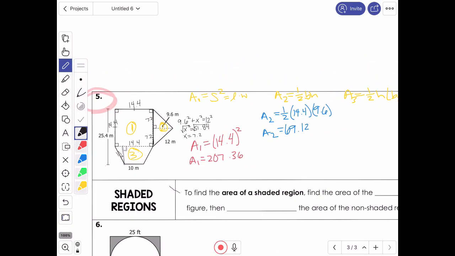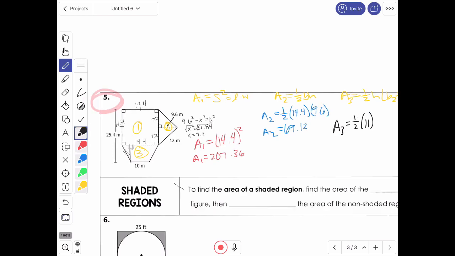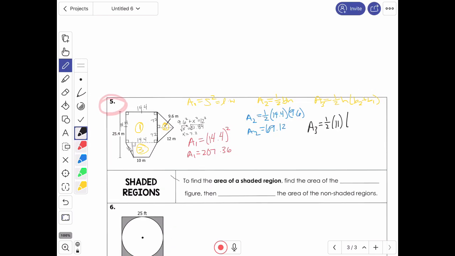So my area formula would be 1/2 times 11, and then my bases are 14.4 plus 10. And putting that on my calculator, I would get 134.2.